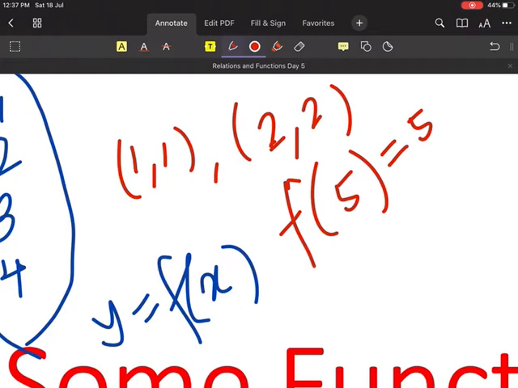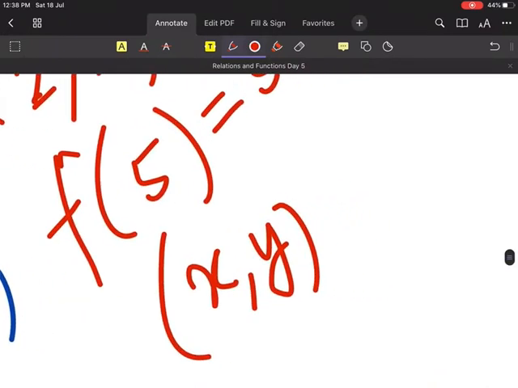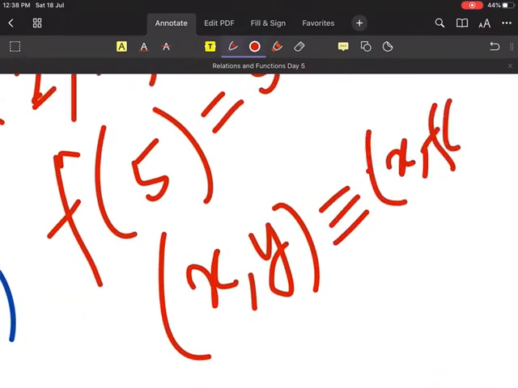Look, f(1) is equal to 1. f(2) is equal to 2. f(5) will be equal to 5. Yes or no? Understood? Actually, when I am writing ordered pairs, this is actually x comma y, right? And that is basically equivalent to x comma f(x).